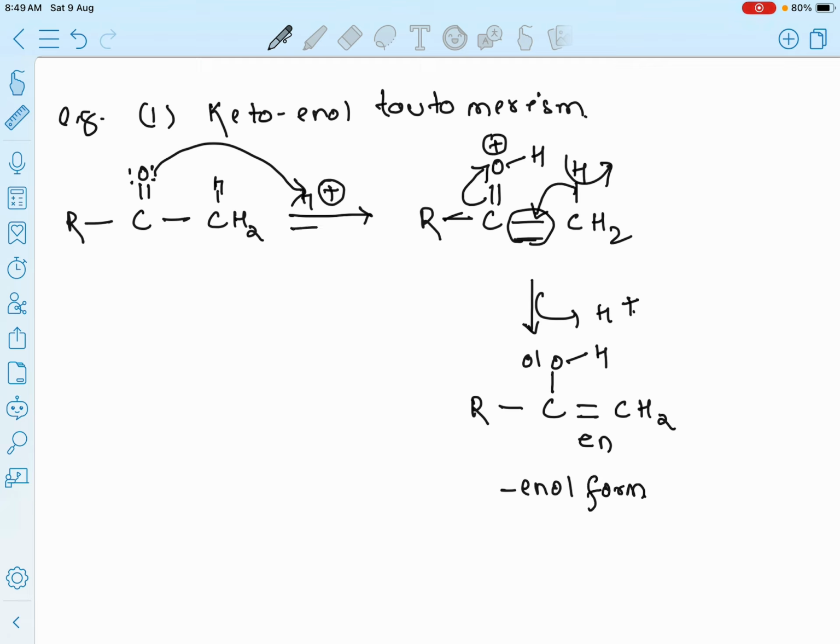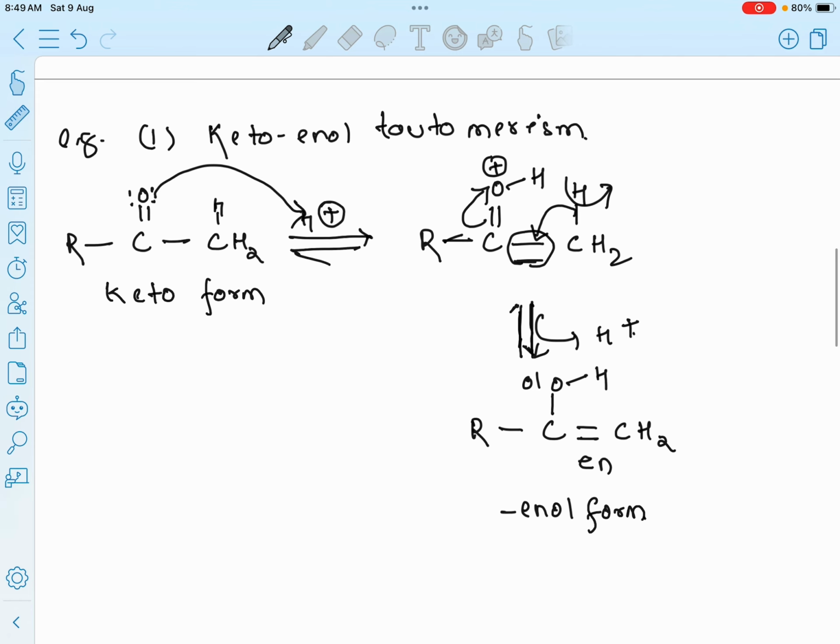And in every step, equilibrium will be maintained. Okay, this is the keto form. That means here a proton is absorbed by a substrate molecule, that is a ketone molecule.